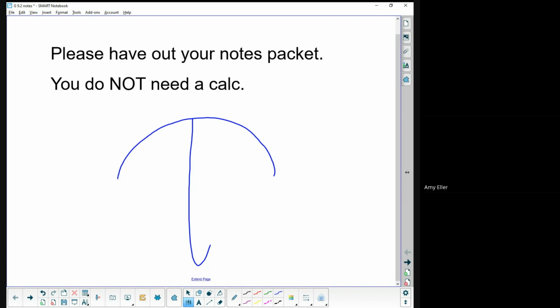The reason it's an umbrella is because there's a big umbrella topic and 4 subsections. So the title of activity 9 and 10 centers around this big word, transformation. So I want you to write that above at the top, transformations.